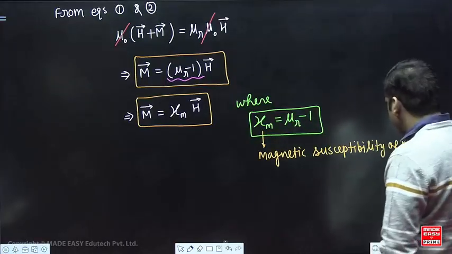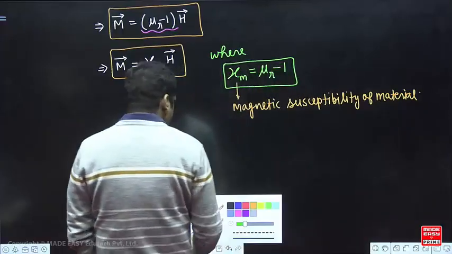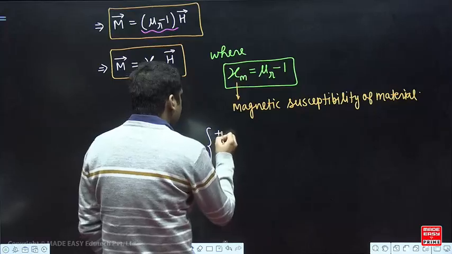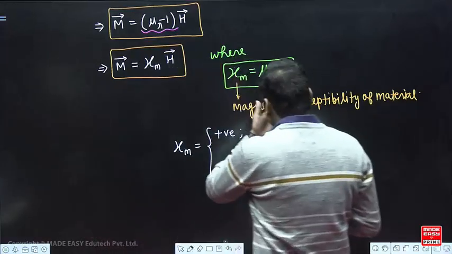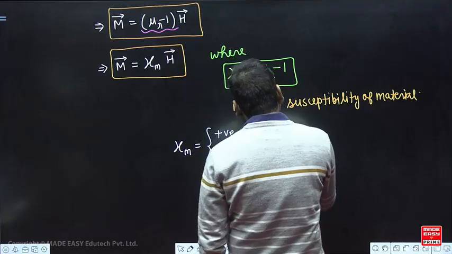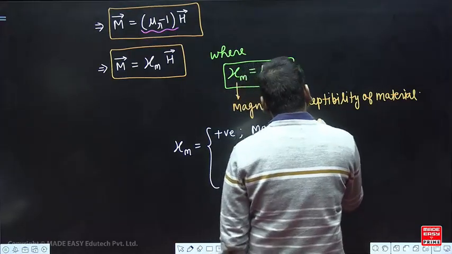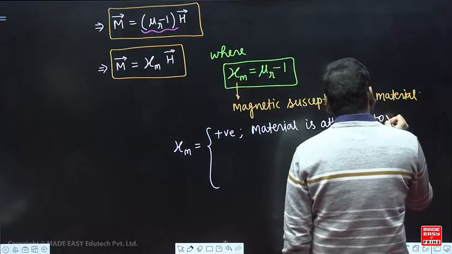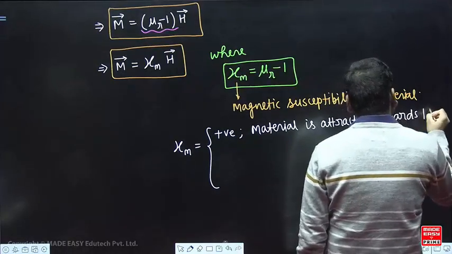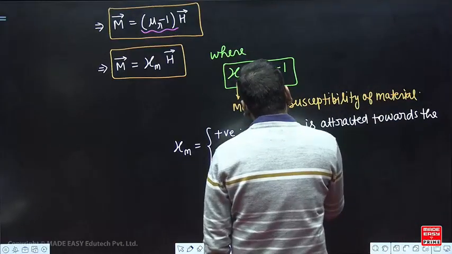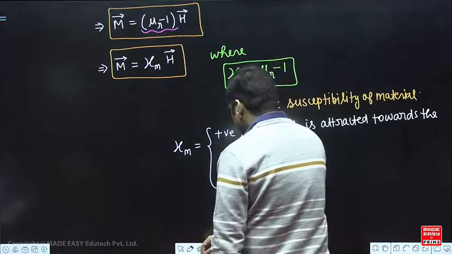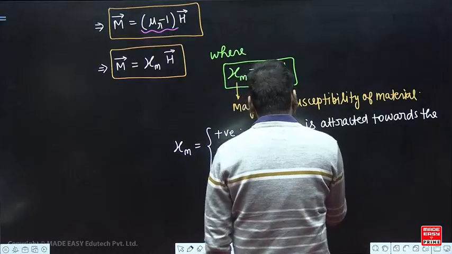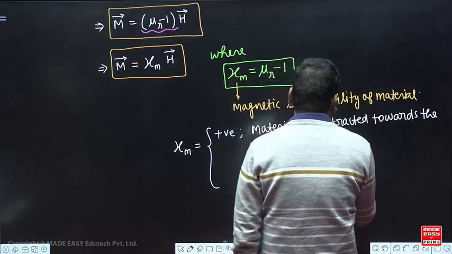Chi m may be positive or negative depending upon the magnitude of mu r. If mu r is greater than 1, then chi m is positive. If chi m is positive, M and H are of the same sign, so the material is attracted towards the magnetic field.